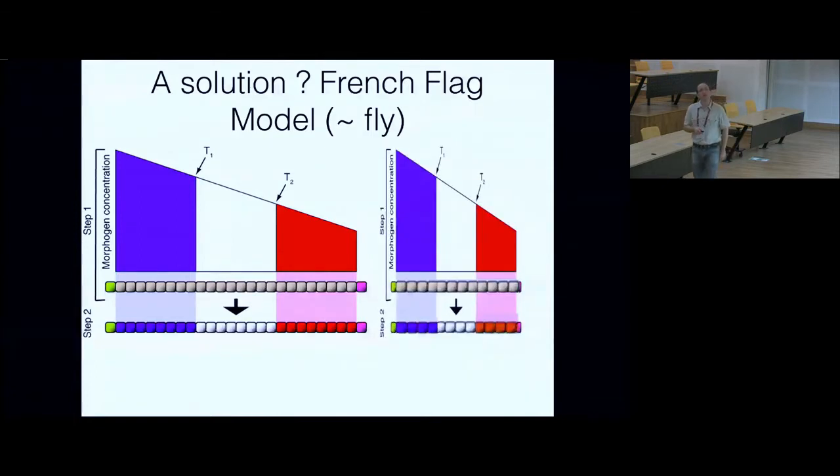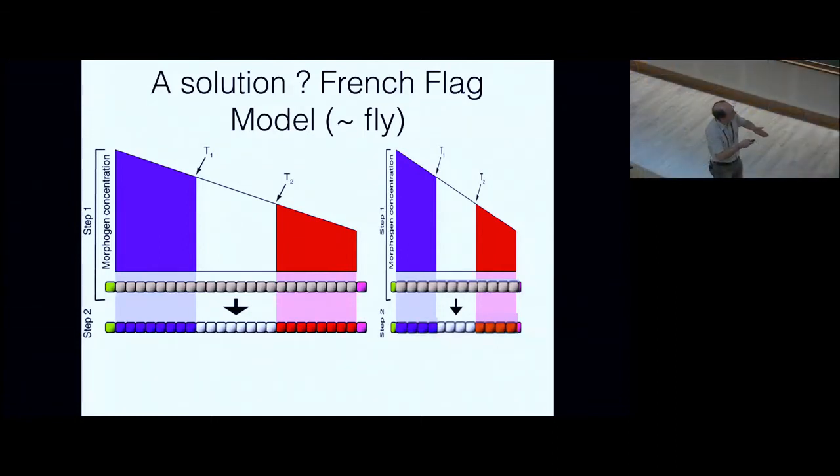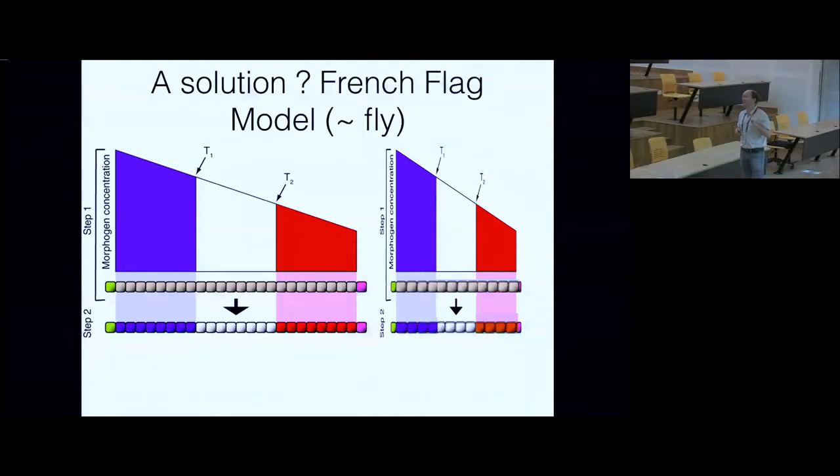The good thing with the morphogen idea is that, for instance, I told you about scaling between different animals, the hummingbird and the whale. The good thing about the French flag model is that it scales perfectly well. If I take an animal that is twice as small, and even with twice as few cells, so compare this one with 4 cells here versus 8 cells here, if I change the slope of the morphogen gradient, then you can have the right proportion of cells of different fates in the embryo.